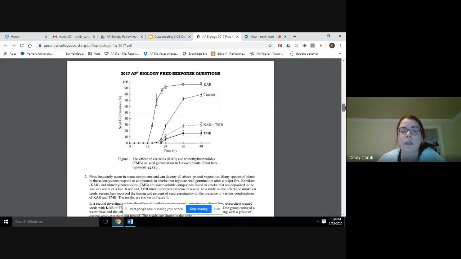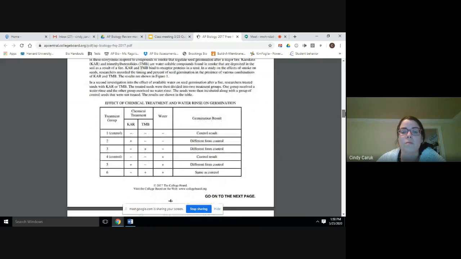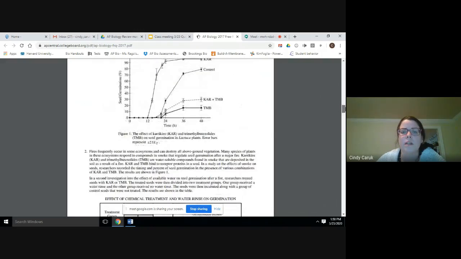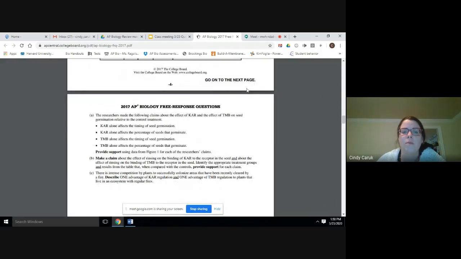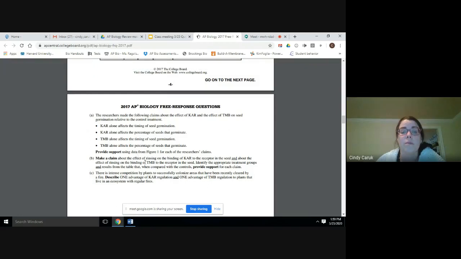Here's another example. Here they are in a line graph, your standard error of the mean bars, and they're giving you the experiment. This was on vegetation. And then here they want you to analyze that and support using the data. Again, you want to make a claim using the standard error of the mean and support it with some data for that, and then describe one advantage based on that regulation.